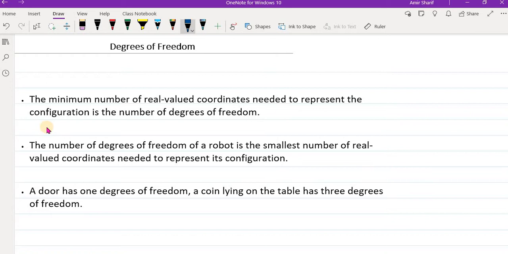So the important things in this definition are the minimum number of real valued coordinates. So here we need some coordinates to represent the configuration. So the coordinates to represent the configuration is the degrees of freedom.